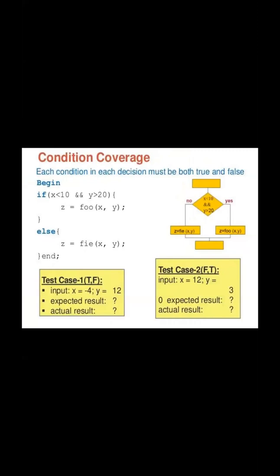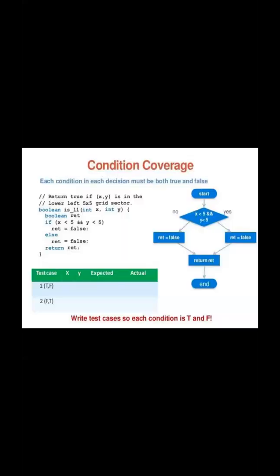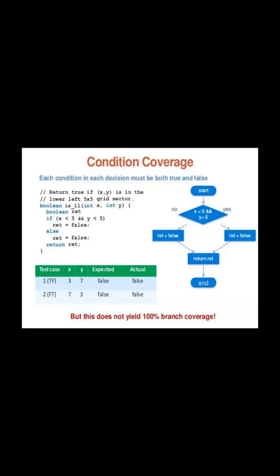If x is true, we assign x equal to -4 and y equal to 12. Here we assign x equal to 12 and y equal to 0. Then accordingly we get the corresponding output. So in condition coverage, they gave one code, and we assign the test cases as true, false and false, true.